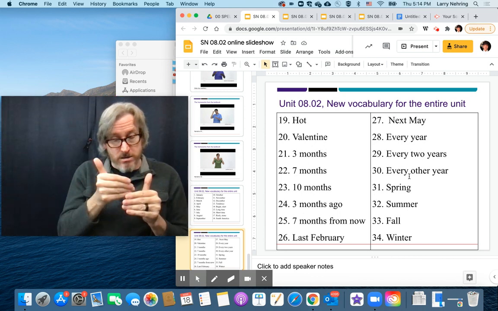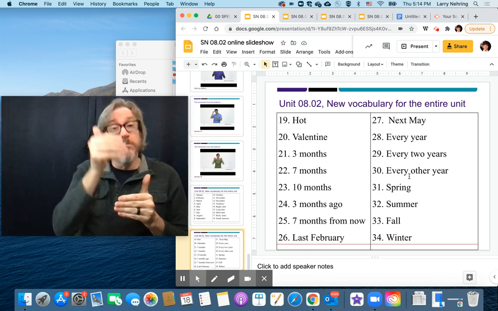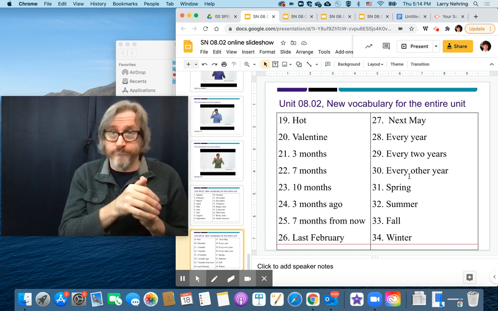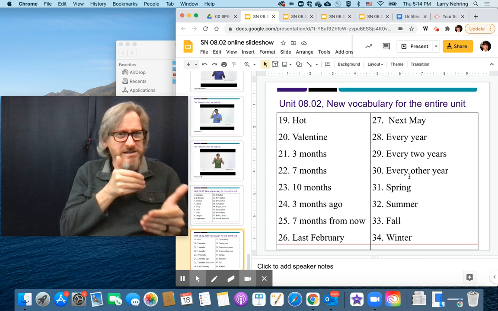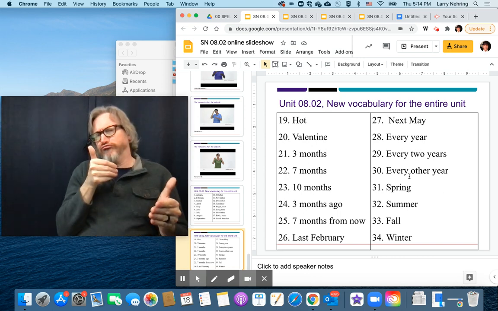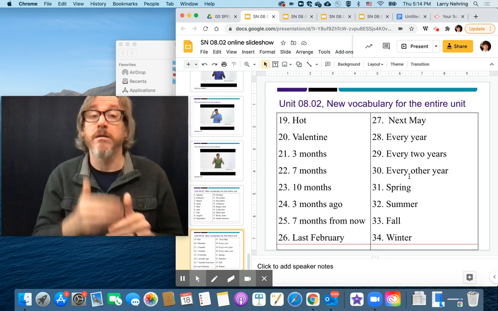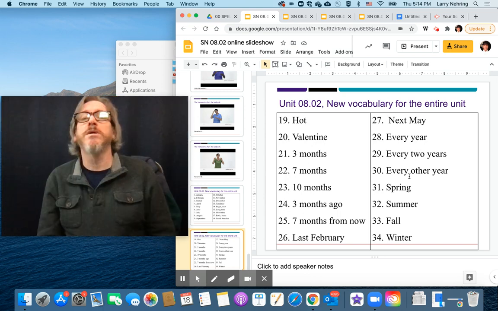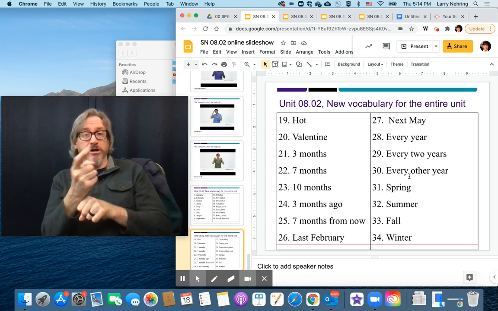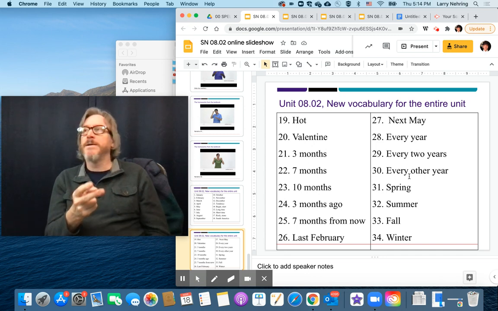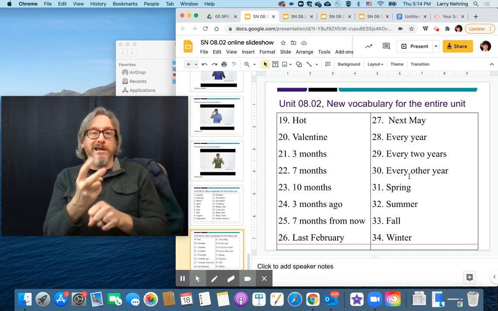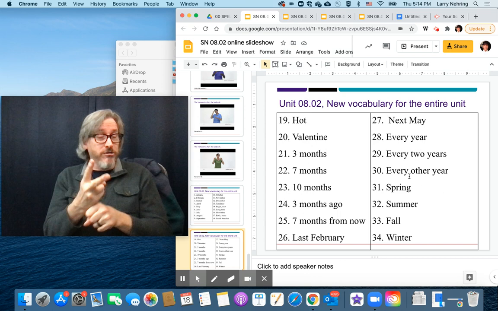Next May, the next one in sequence, boom, May. Like we do this for previous, next. Before May, you have to do something. Next May, every year, every 2 years. This could be every other year.